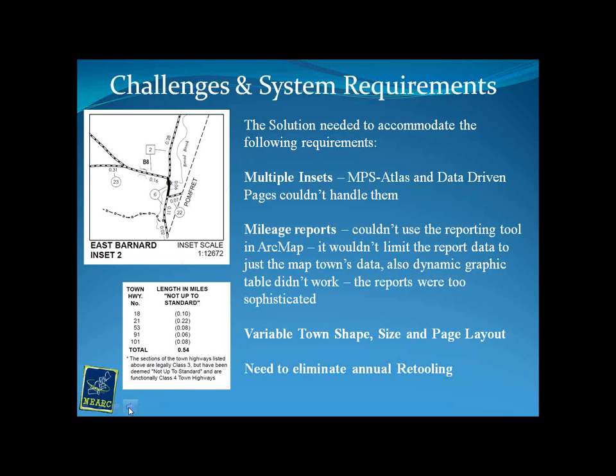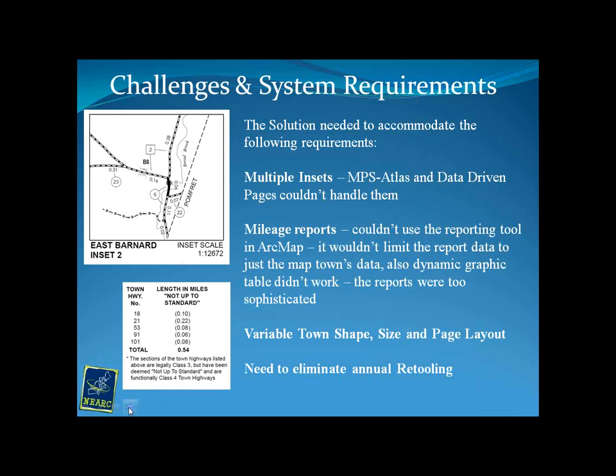We even have one map with 10 insets in it. And the mileage reports, the reporting tool that is in ArcMap, could not limit it to only the data for the map shown, but wanted to print out all the data for all the towns on every map, and that was a bit much.